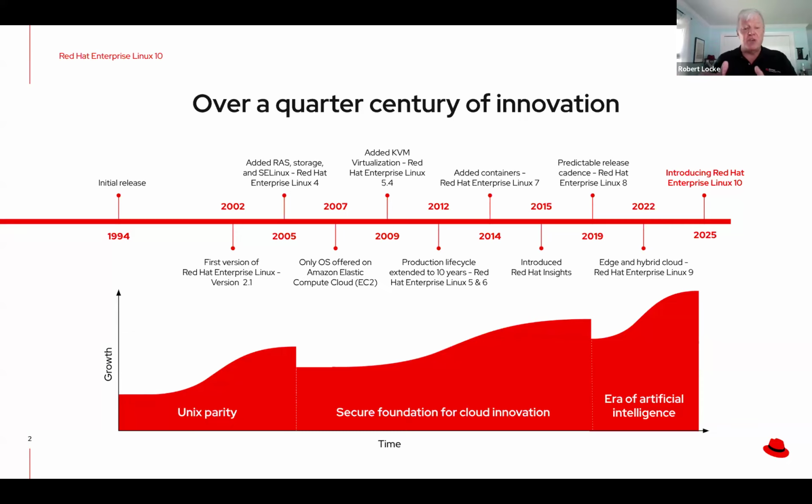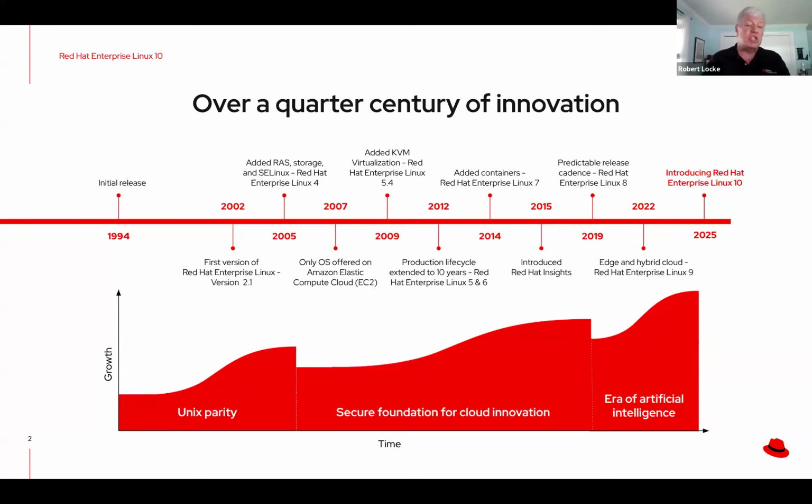The next period that you see here on the timeline was really around cloud and virtualization. This was about technologies getting into the Linux kernel and then ultimately getting into containers.